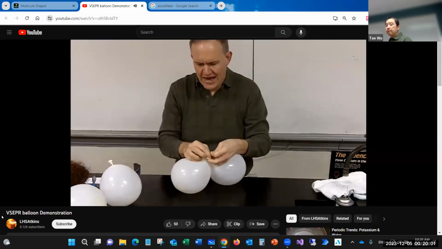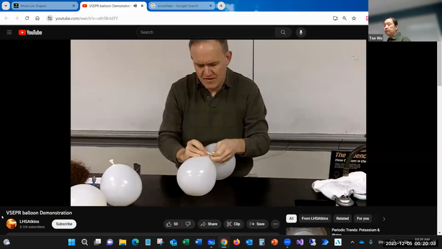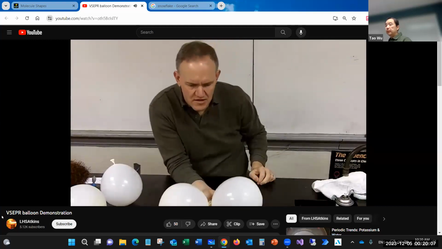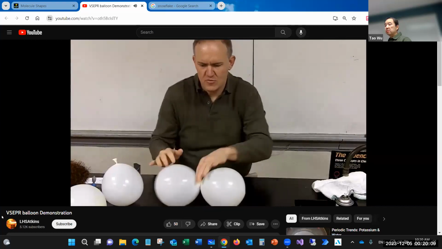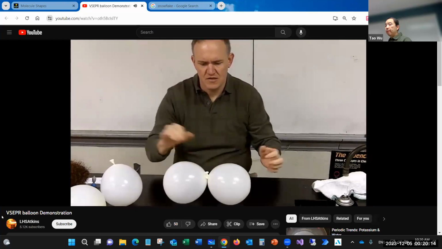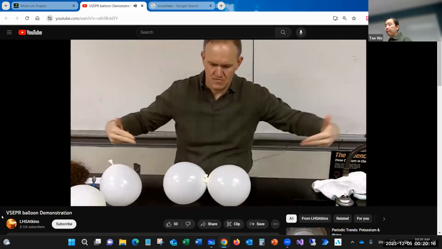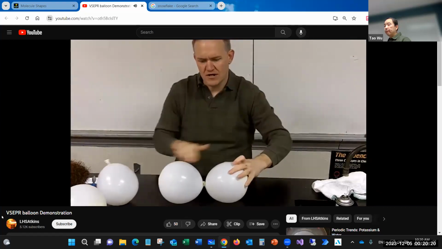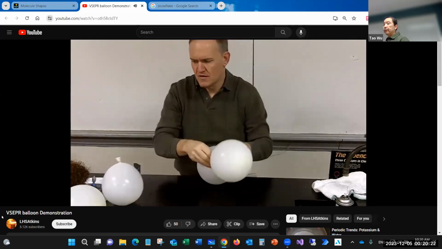Some atoms or molecules have 2 electron pairs around the center atom, and if we tie 2 balloons together and look at what shape they make, we can see that they make a straight line. They're right across from each other, a 180-degree bond angle.